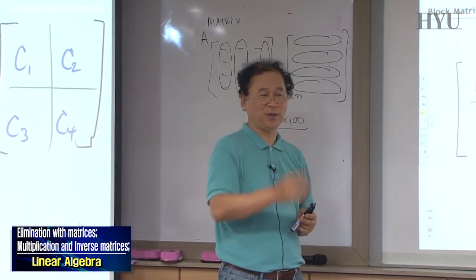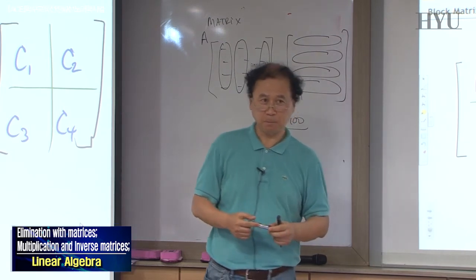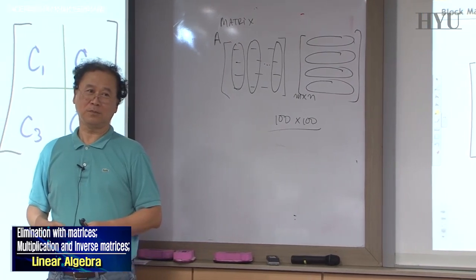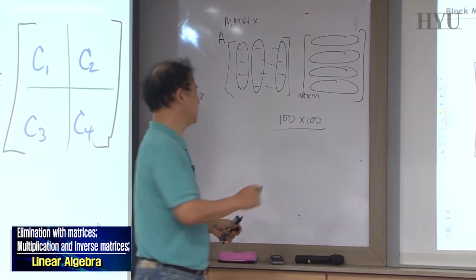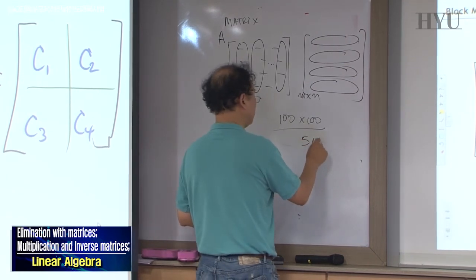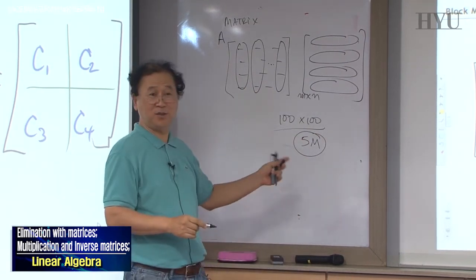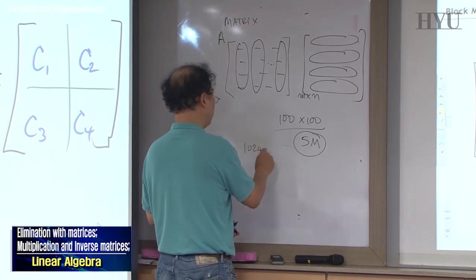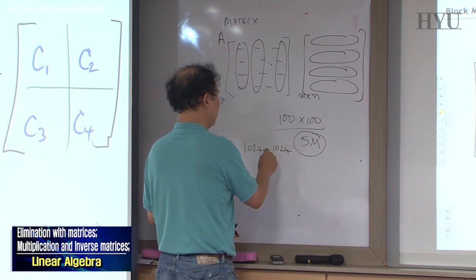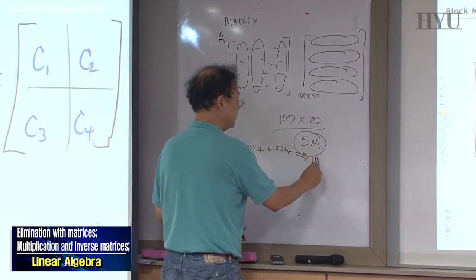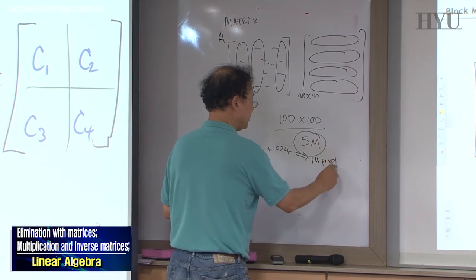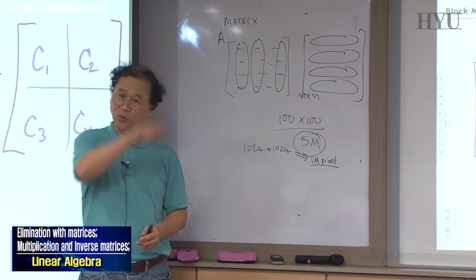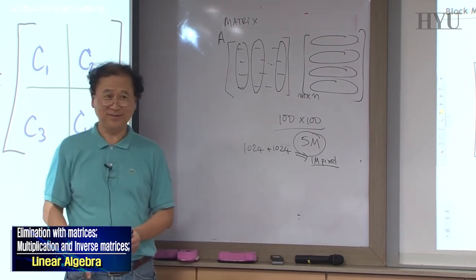How many pixels do you have on your phone? 5 million, right? When you represent each of them, let's say a 1 megapixel camera, it means the matrix is 1024 by 1024.